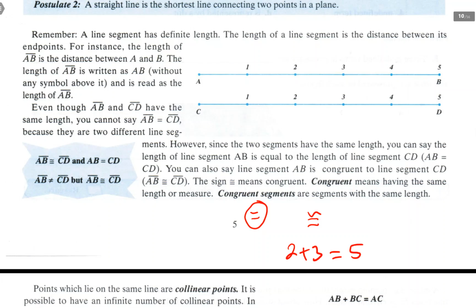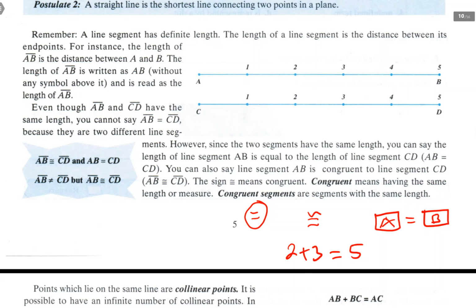There's no difference as far as quantity goes. With shapes, you don't say two shapes are equal because the two shapes are not the same. They're different. So square A is not the same as square B because they're two different squares. I can't say that they're the same.